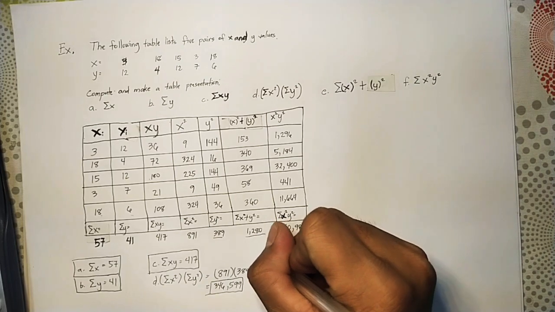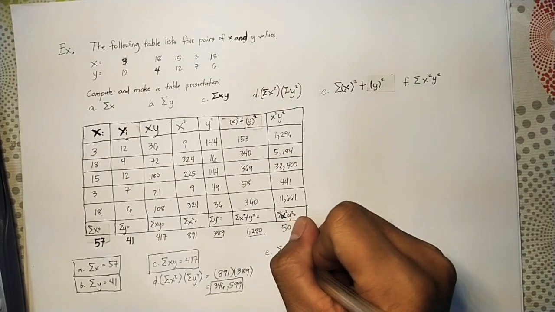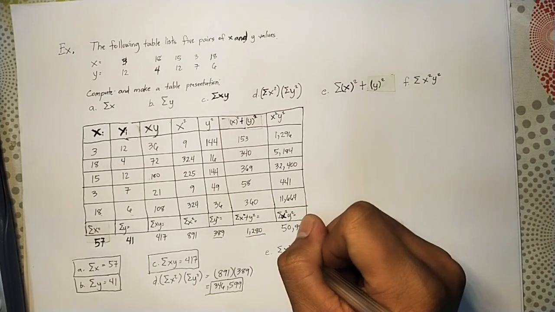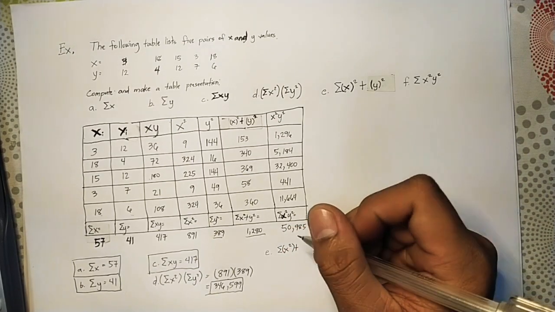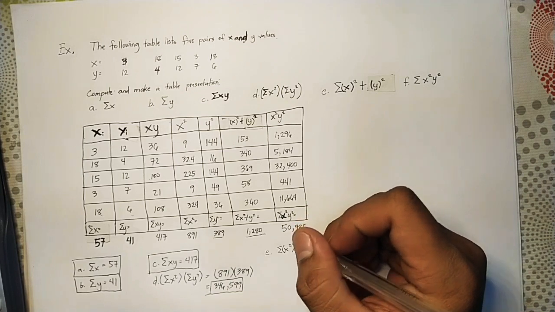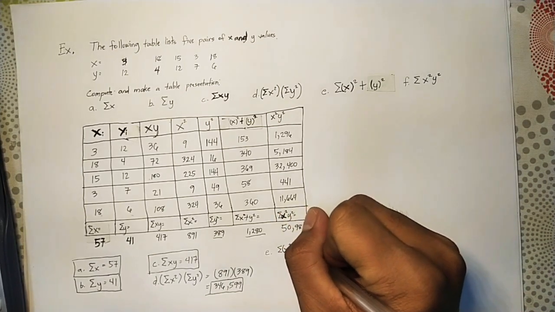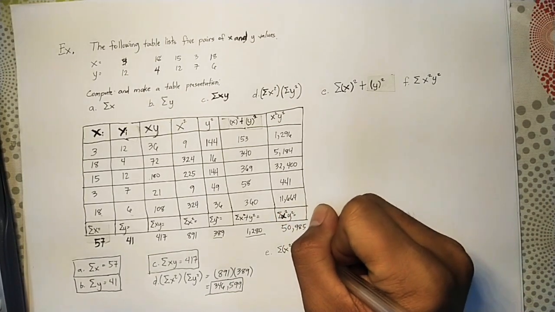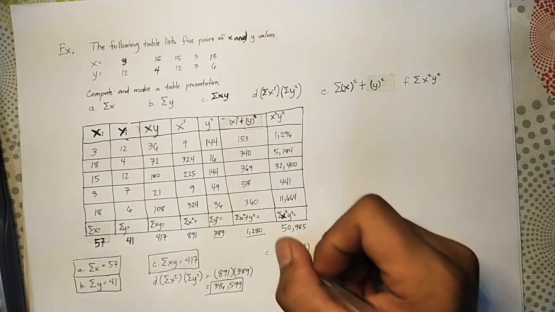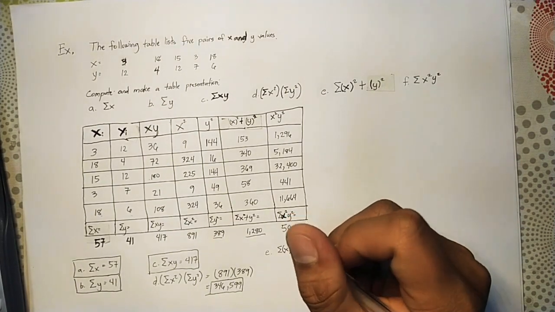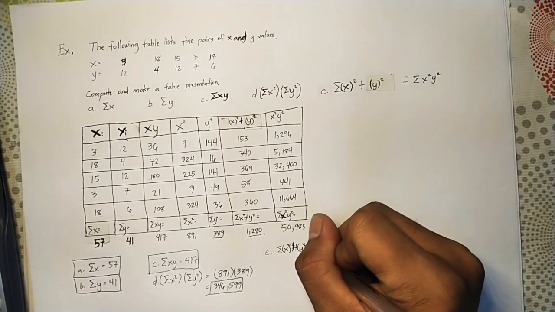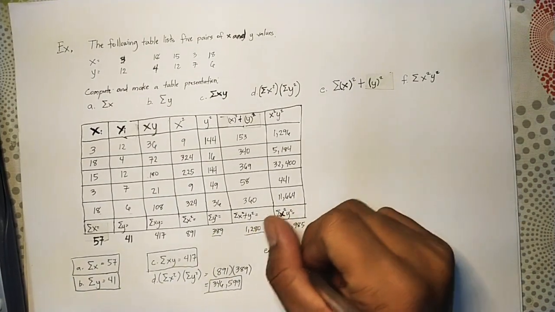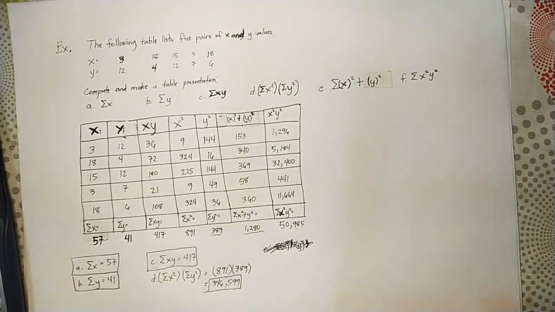So, we have in our letter E, summation of x squared plus y squared. Sorry. Nasa labas pala dapat sila. Okay?